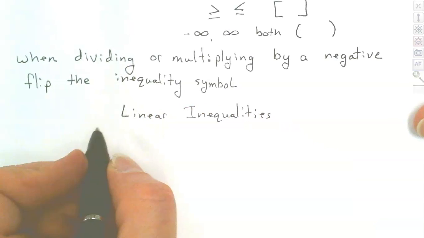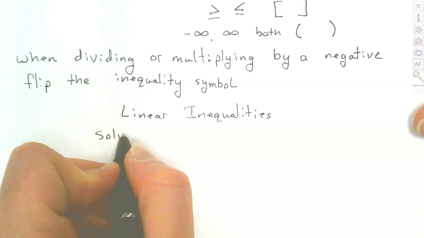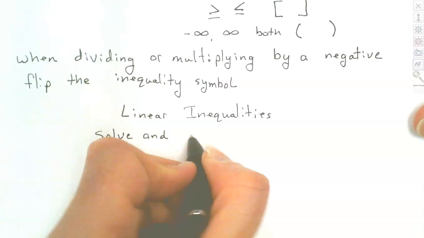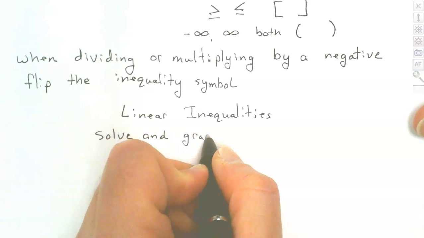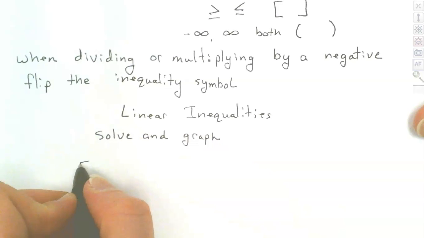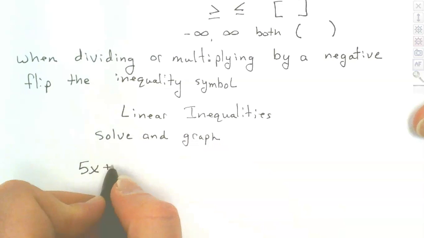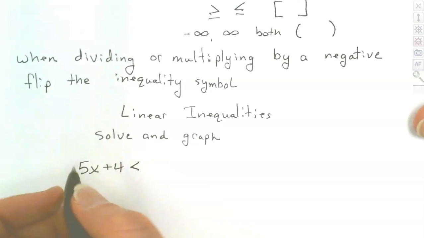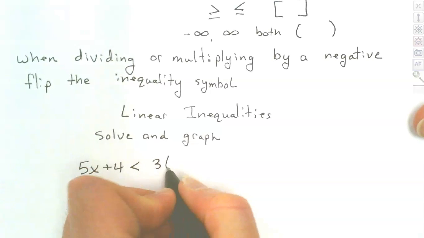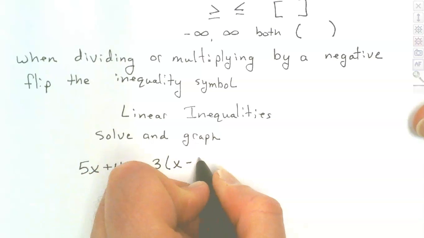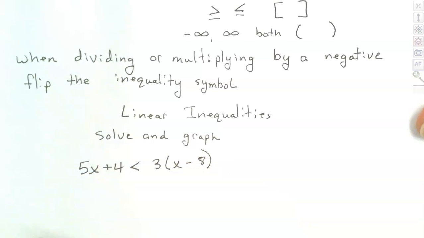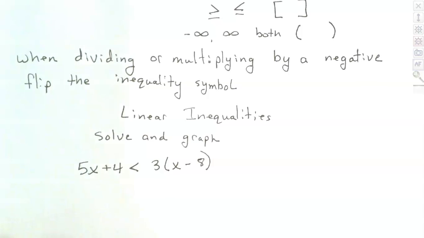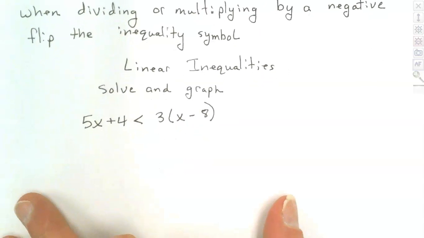So we're going to go ahead and solve and graph this one out: 5x plus 4 is less than 3 times x minus 8.